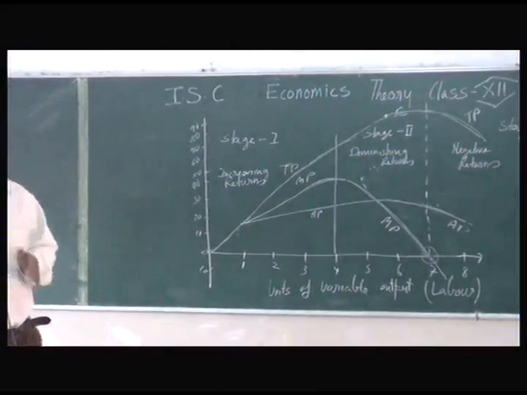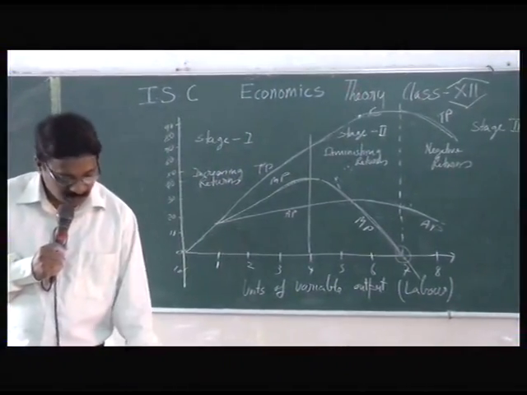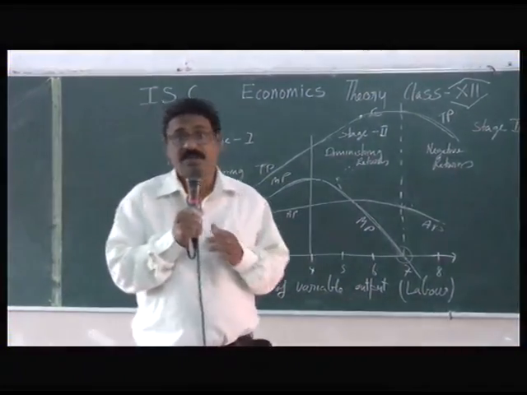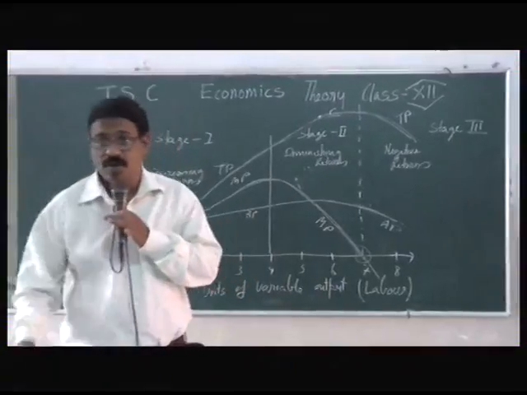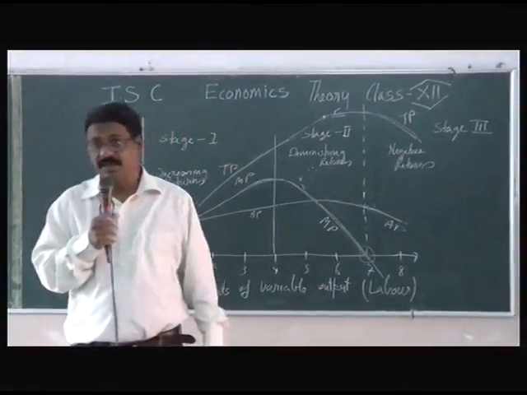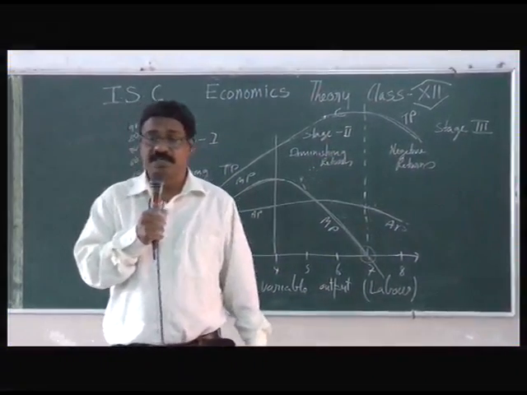Let me recap what I have taught you today. The first concept I have taught you was equi-marginal utility. I have given a schedule on the blackboard and explained what equi-marginal utility is. There is no graph in equi-marginal utility, but there's a schedule and the answer has to be explained with the help of a schedule.